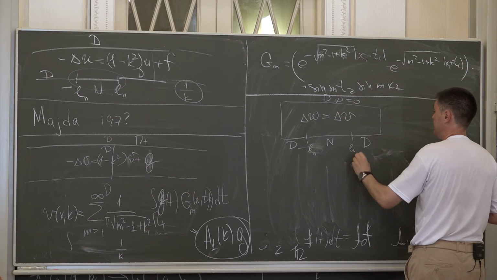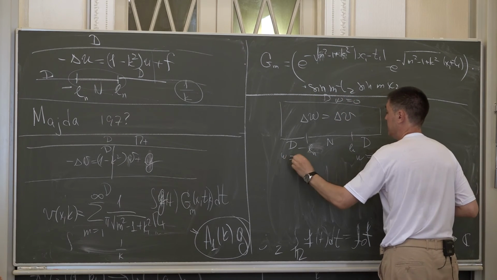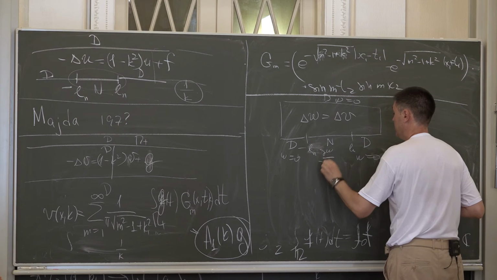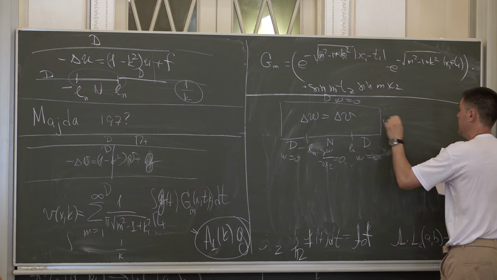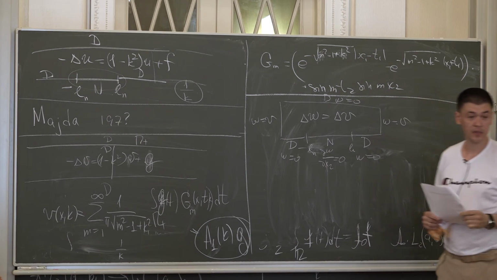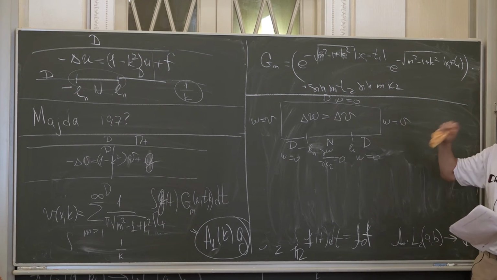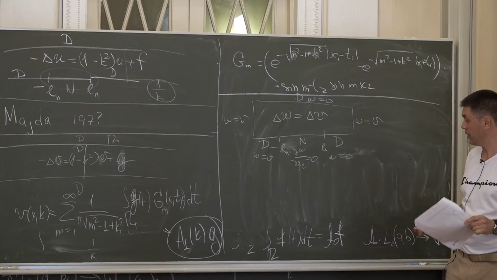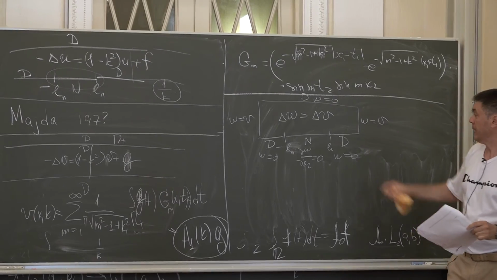Here W is 0, the derivative of W with respect to x2 is 0, and here I just say that it equals to V.